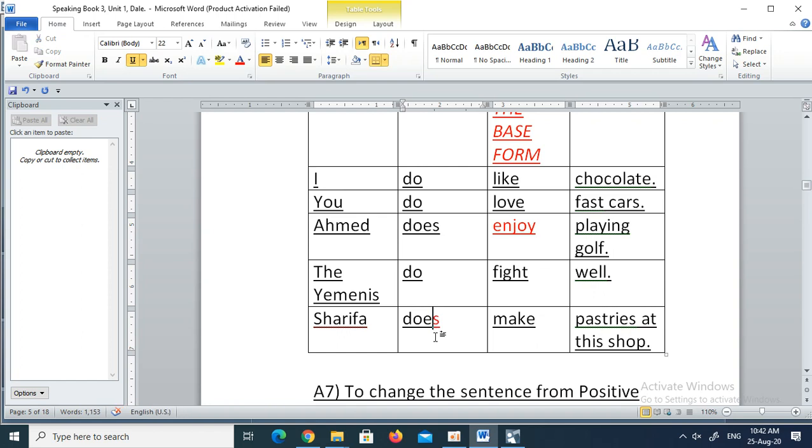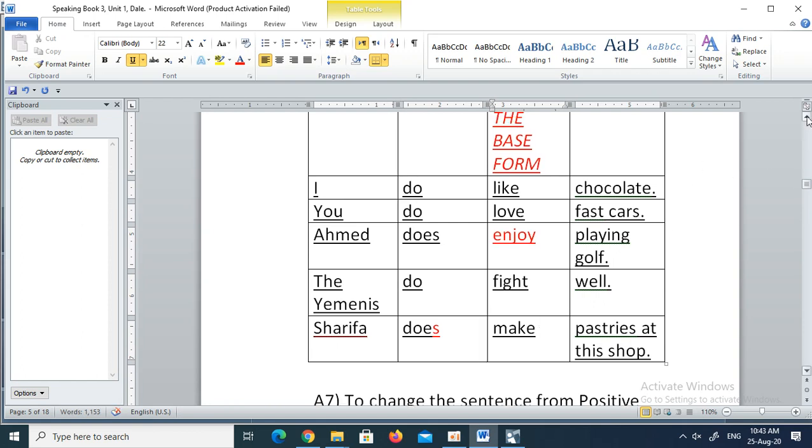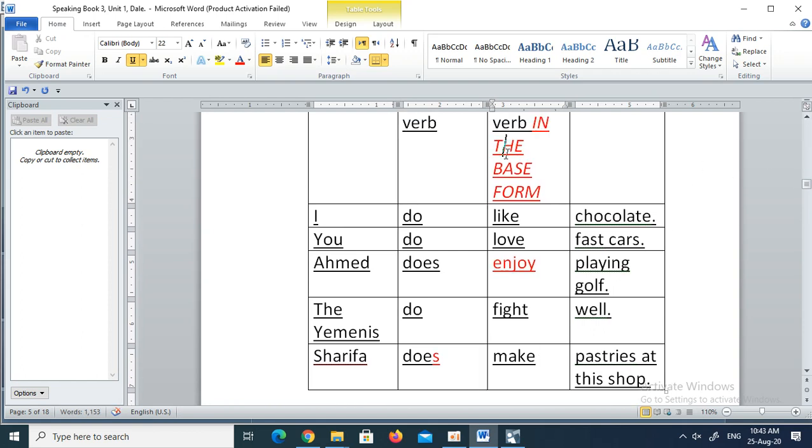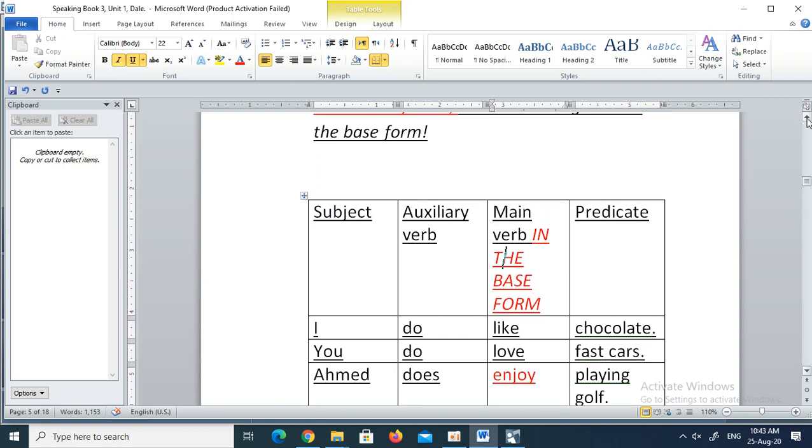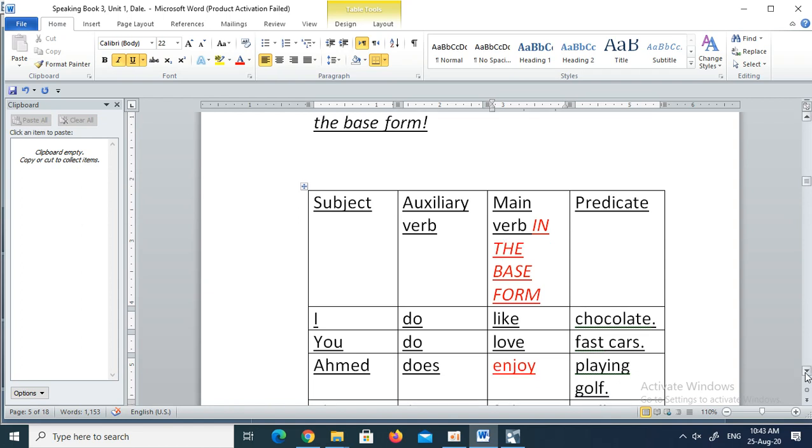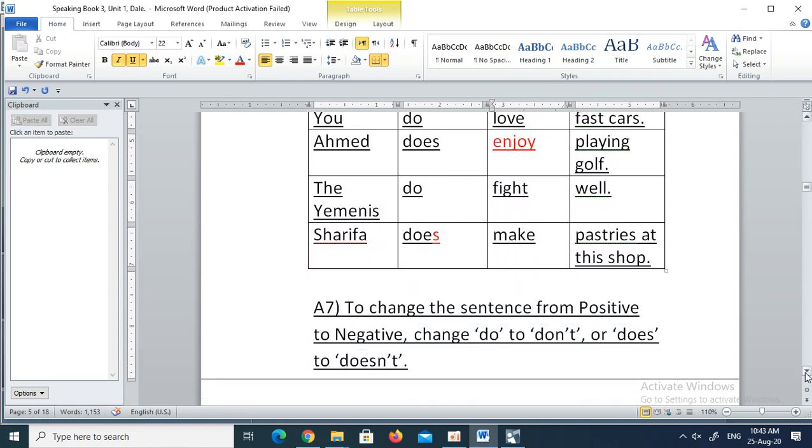So, instead of makes, it has to be make. It has to be the base form. So, very easy. I do like chocolate. You do love fast cars. Ahmed does enjoy playing golf.